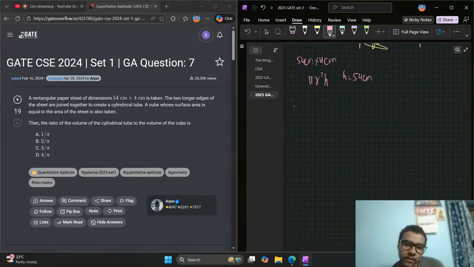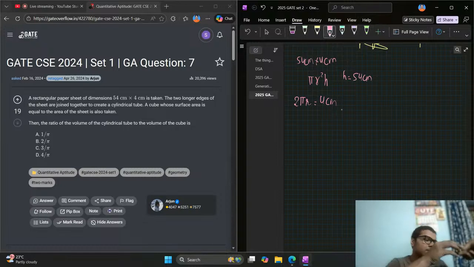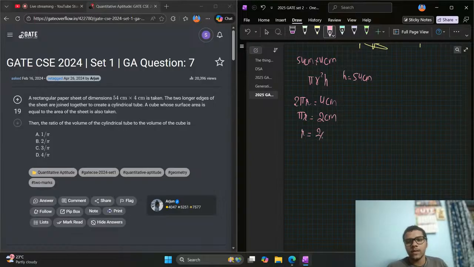The circumference becomes the width. So 2 pi r is equal to 4 centimeters, and pi r is equal to 2 centimeters. R will be 2 by pi centimeters.